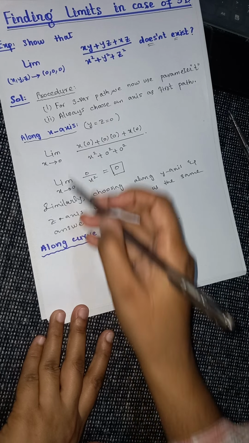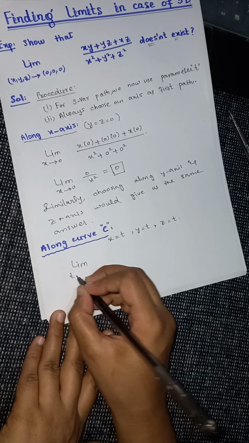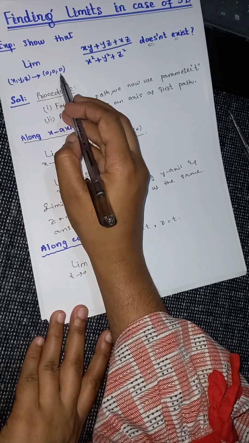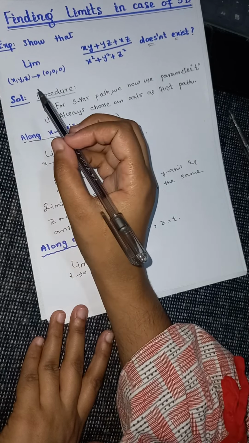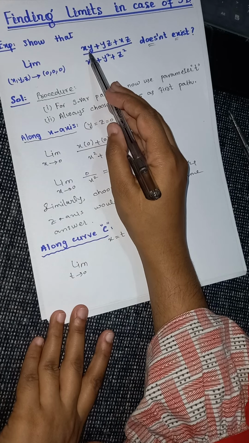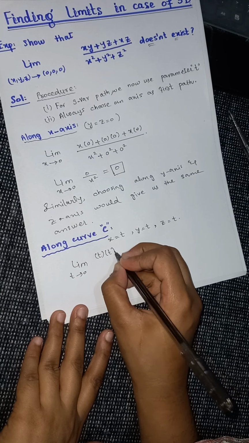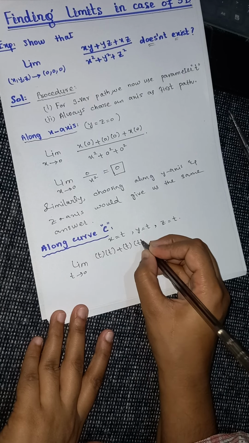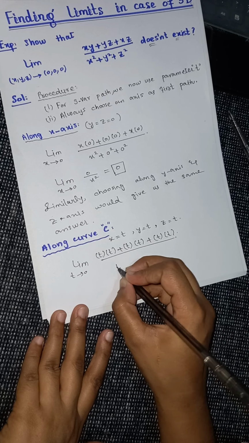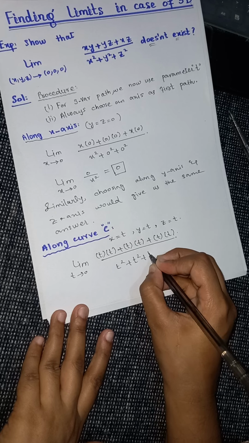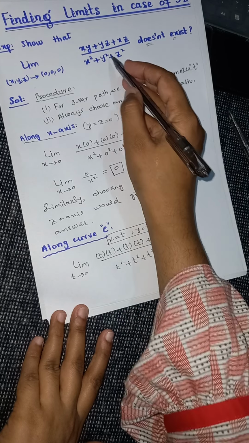then definitely our limit here would be the limit as t approaches 0, because all the values are equal to t, so I can take only t equal to 0 instead of writing t 3 times. After that, if we substitute the t value here, then we get t times t plus t times t plus t times t, divided by t square plus t square plus t square, because I have substituted all these values in my original function.